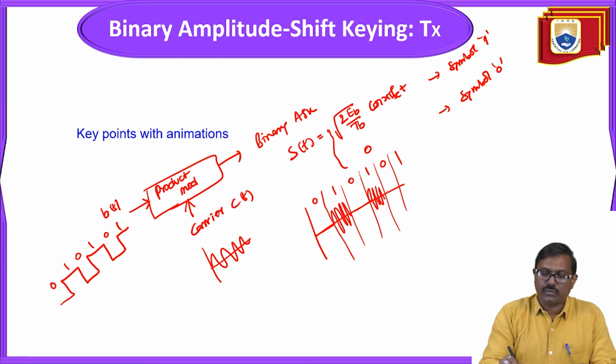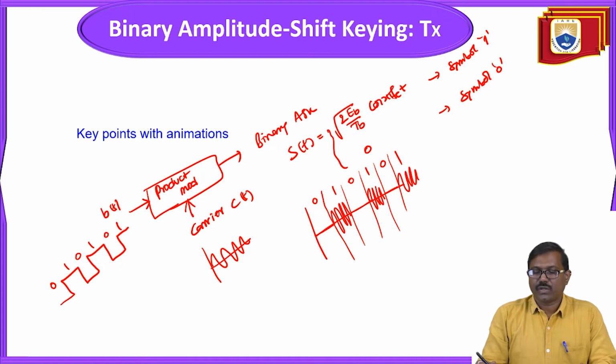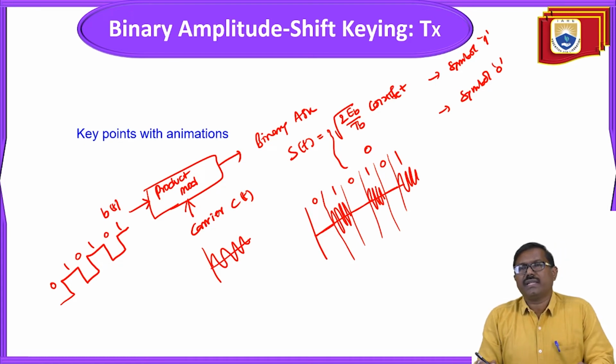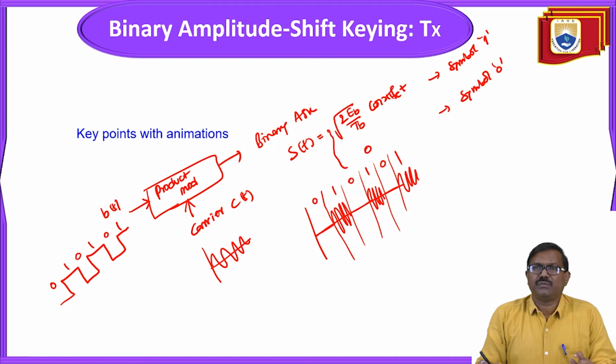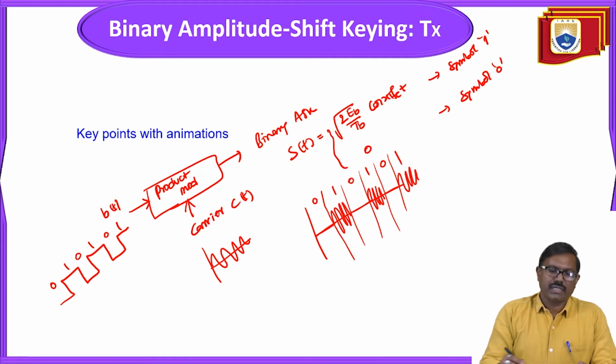So for symbol 1 the signal is present, and for symbol 0 there is no signal. So this is my transmitter.